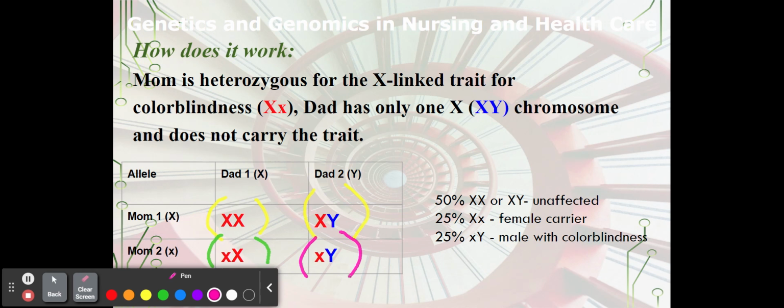There is a 25% chance that you will have a male with color blindness because you have the recessive gene with the trait for color blindness, and you have a Y chromosome that doesn't have the trait for color vision at all. So the only choice you have left is color blindness. And that's how that works with sex-linked disorders.